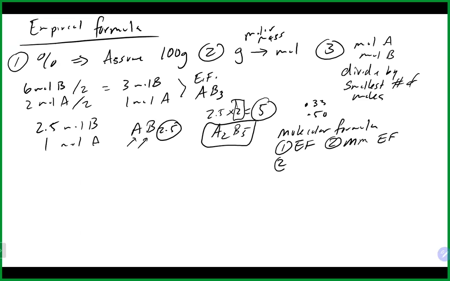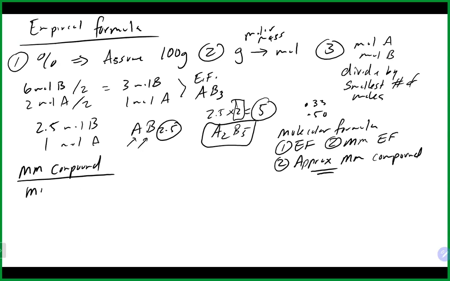And the last thing you need is the approximate molar mass of your compound. That number is typically given to you in the problem. So somewhere in the problem, they'll say, hey, the molar mass of this compound is whatever, 160 some odd grams per mole. So what you do is you take the molar mass of the compound that's usually provided to you.